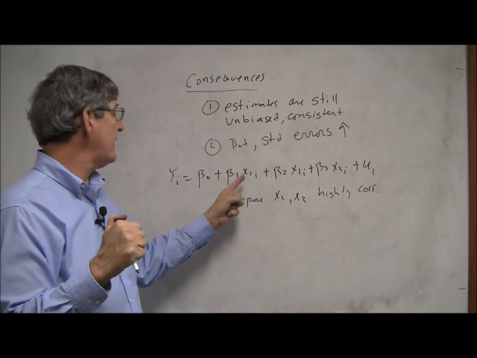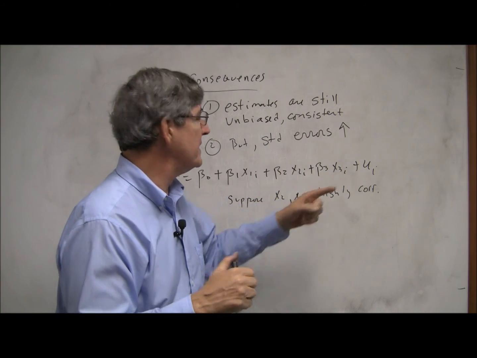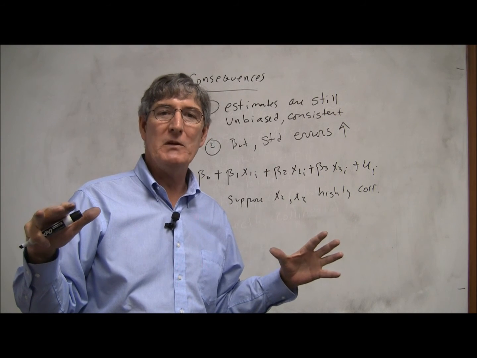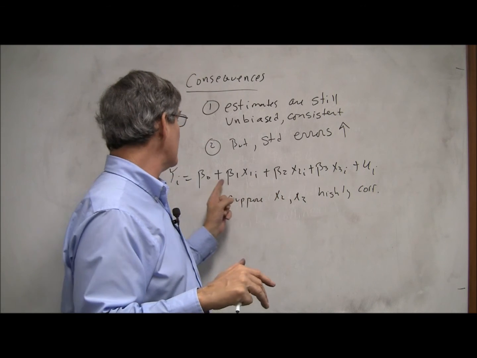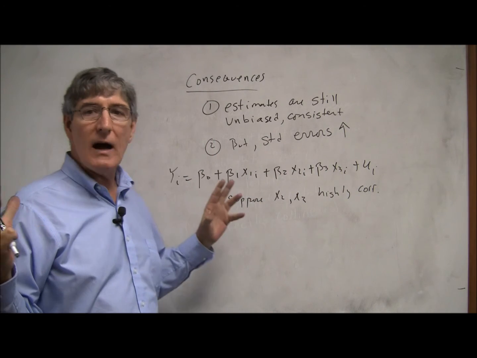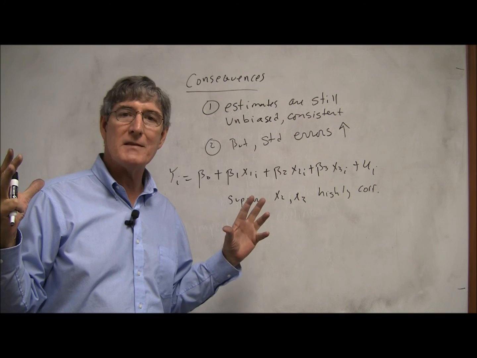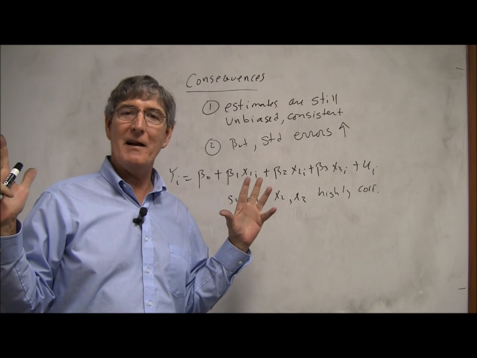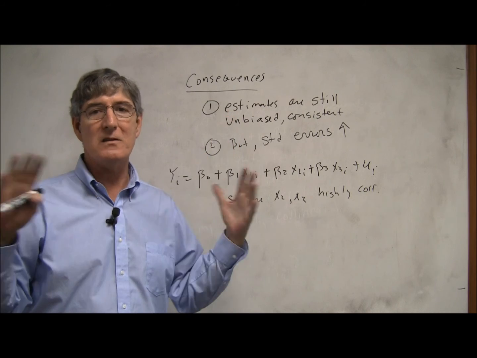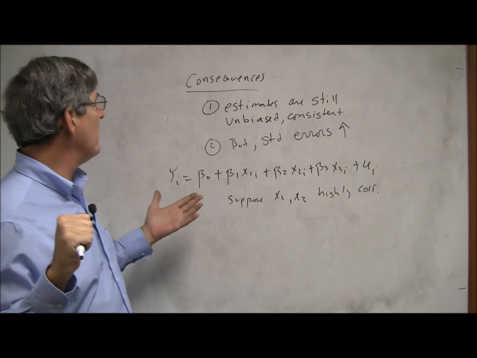If x1, x2, and x3 are independent, they're what we call orthogonal. When you do experimental design, you make sure these things move independently so that OLS can figure out the coefficients as precisely as possible. You avoid multicollinearity like the plague. You make them orthogonal, so there's no correlation at all.